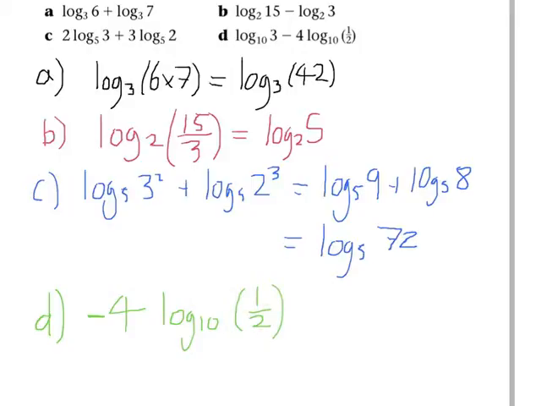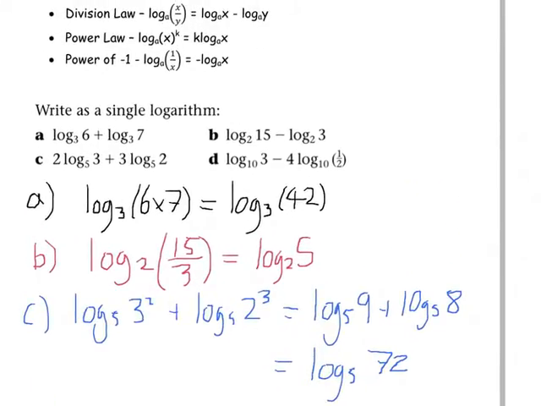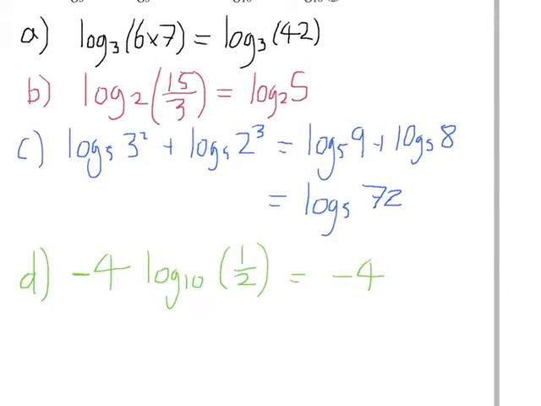Now, using the law of minus 1, where the power is to minus 1, we're going to change this a little bit to the following. This second bit can become minus 4, and if we look at the rule carefully, it says it becomes minus log a of x.